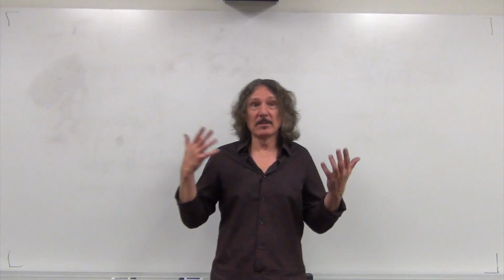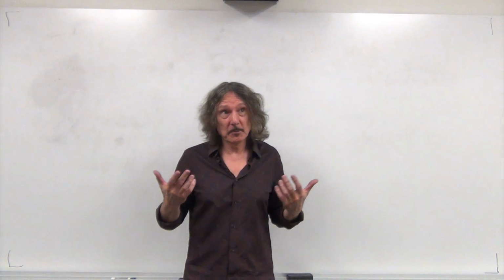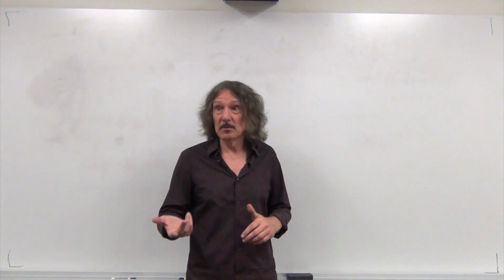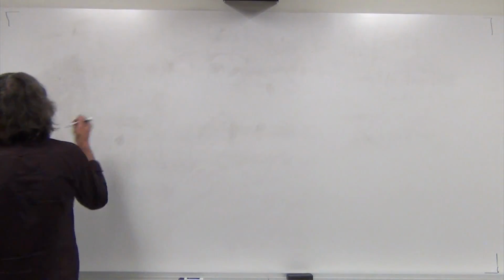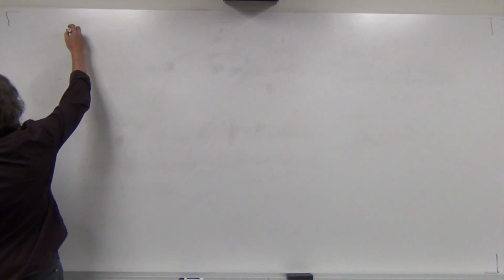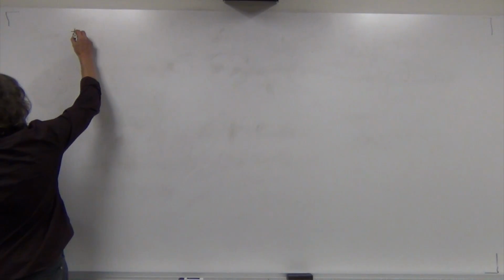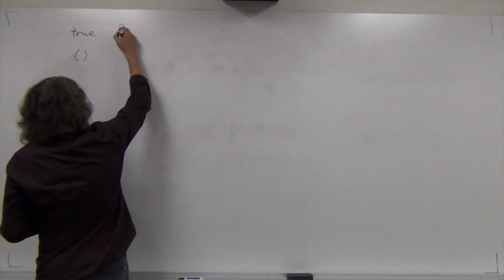So the corresponding things in type theory would be: void type corresponds to false. Right? So maybe I should start writing a little table. So here's logic. True corresponds to unit type.